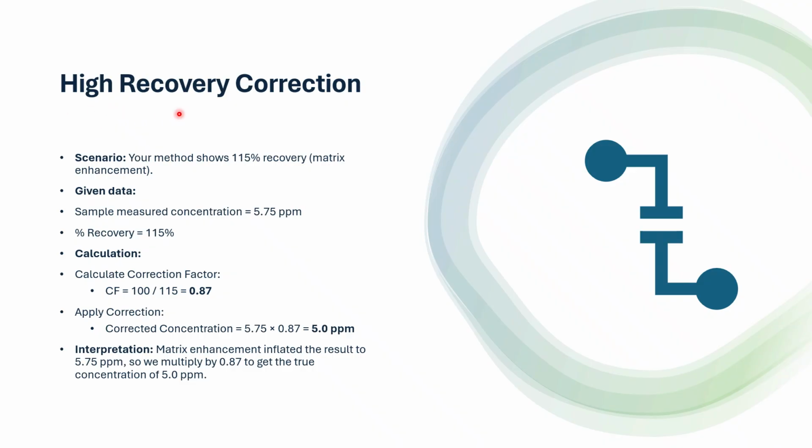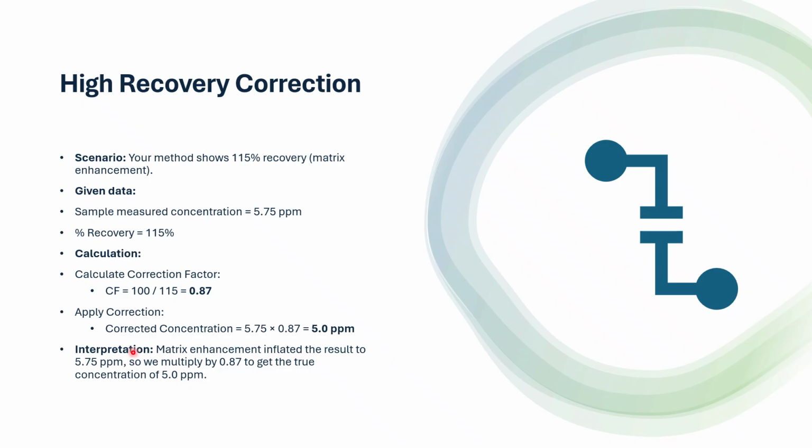The same will go when you get high recovery in your sample. Suppose you get recovery of 115%. So the given sample measured concentration is 5.75 ppm and the recovery percentage is 115%. So the correction factor is equal to 100 divided by the obtained recovery percentage, that is equal to 0.87.